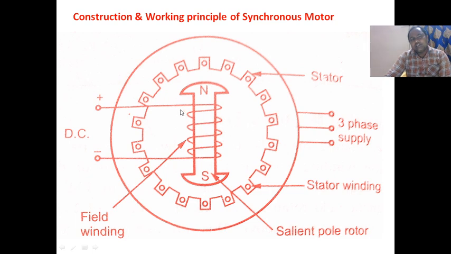The term mechanical energy means the rotation of the rotor. Whenever a conductor is placed in a magnetic field, it experiences a force. The force causes the torque produced in the machine. So this is a salient pole rotor with field winding and DC supply.